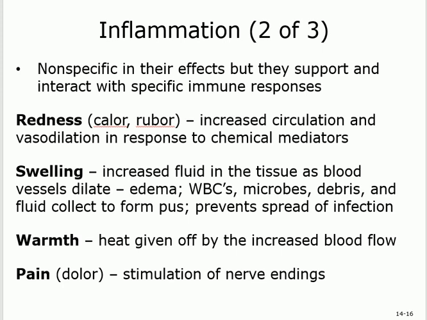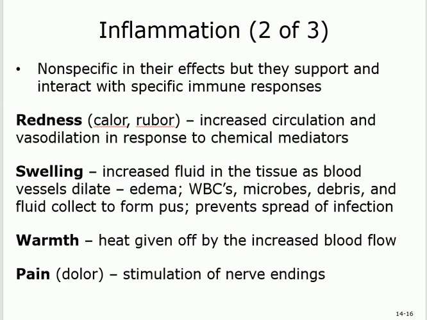So besides remembering all these four, you need to know why each one of those is happening. Warmth. Why the heat is coming to this area? Same reason. Vasodilation, increased blood flow. So you notice that all three are caused by vasodilation, increased blood flow. Okay, so far?